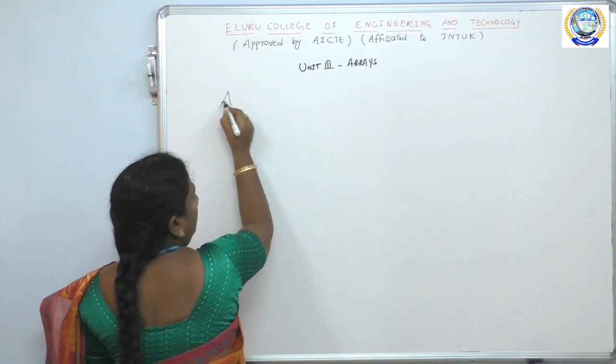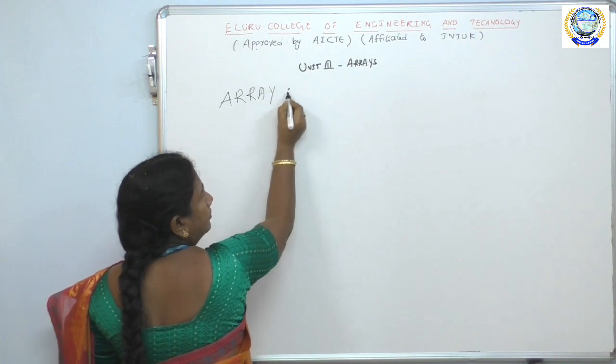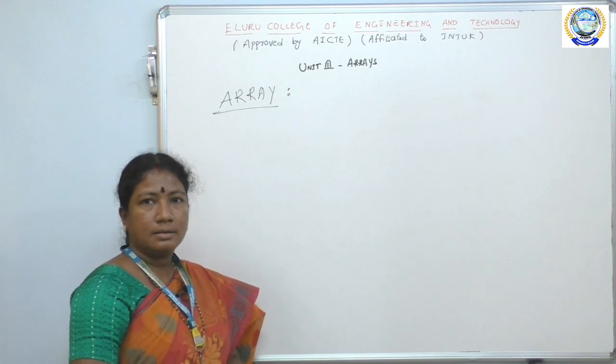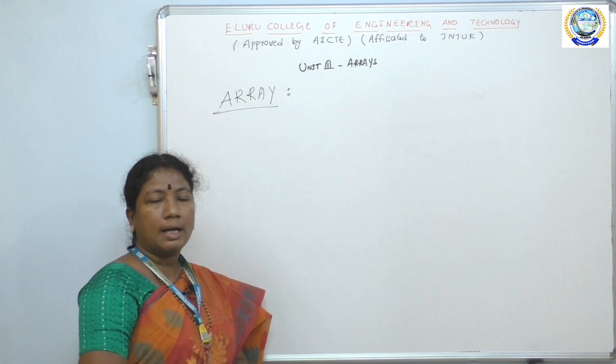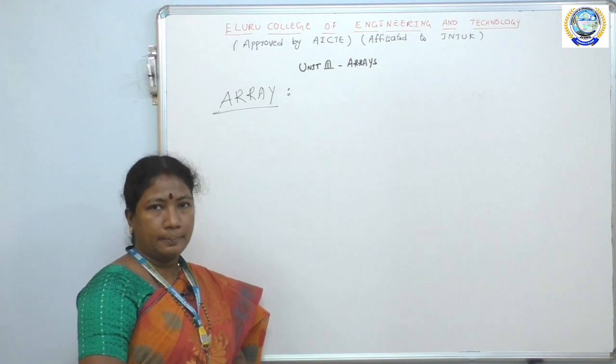Now, the definition of array. Array is a collection of data items or collection of elements which are having same data type.